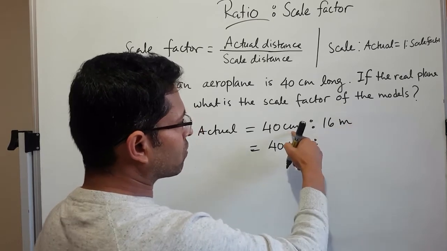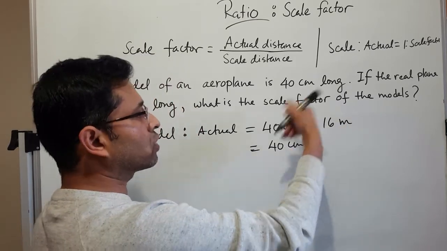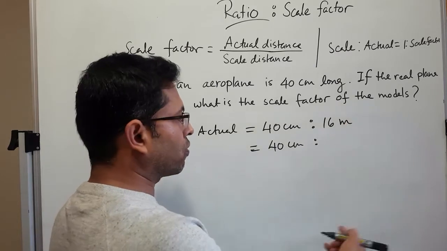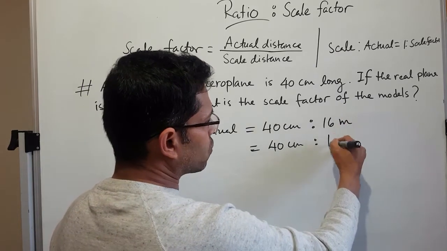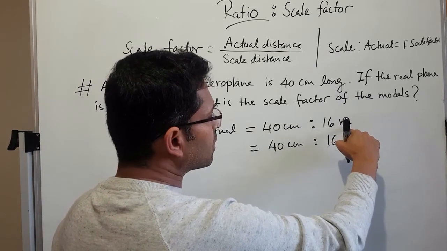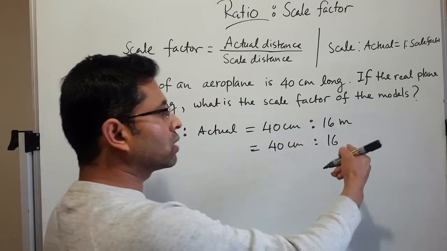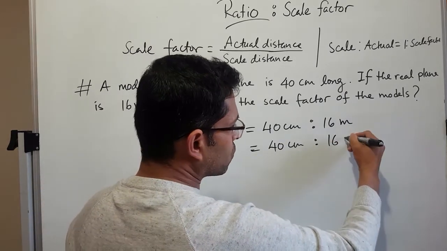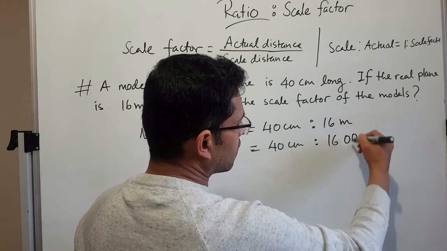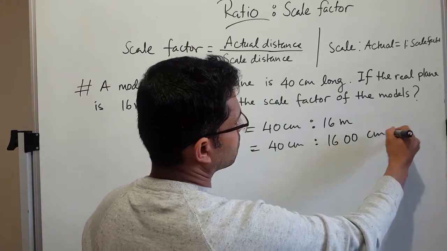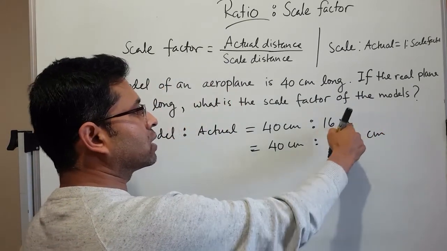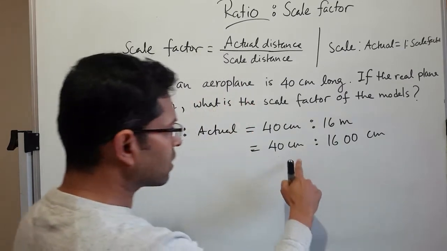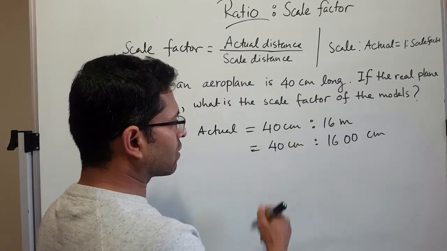But if you convert centimeter to meter to cancel meter, that's also fine. We know that 100 centimeters equal 1 meter, so 16 meters means 1600 centimeters. Now we can see centimeter will cancel.